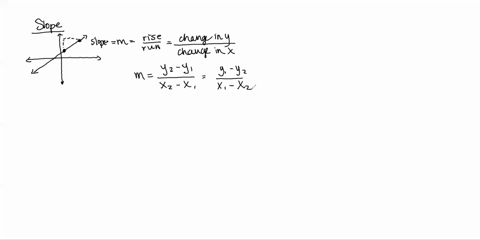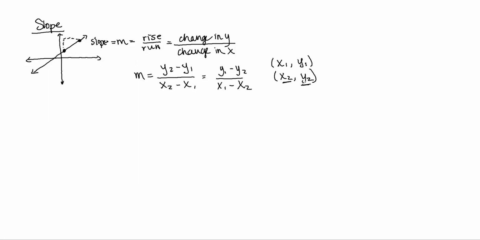The key thing here is that your points line up. So when you're finding slope based on 2 points, x1, y1, and x2, y2, you want to make sure that the coordinating parts of the points line up.